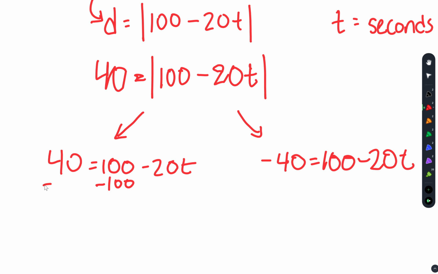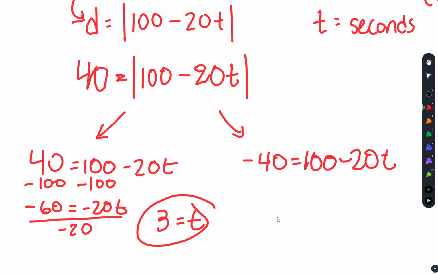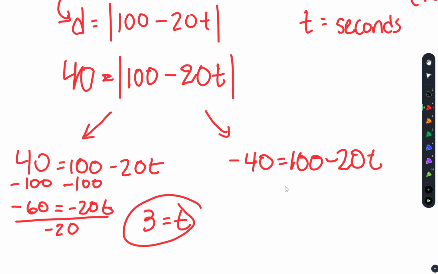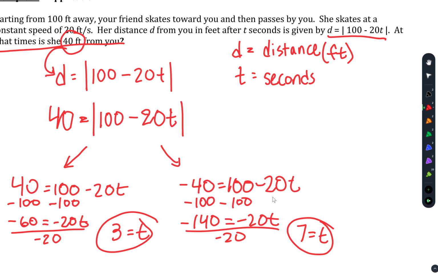Subtract 100. Negative 60 equals negative 20t. Divide by negative 20. T is 3. On the other side, oh, hello. This is 7 is t. So I've got my t values. Can somebody tell me in like a sentence what that actually means, James?